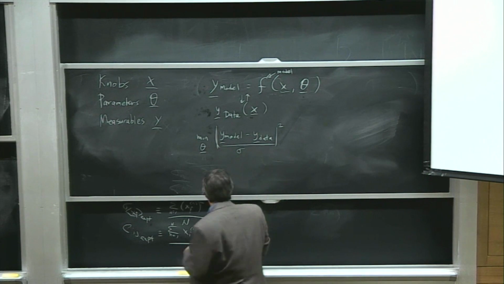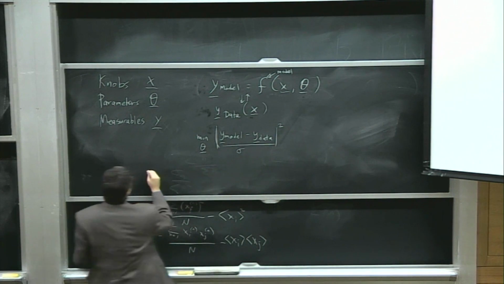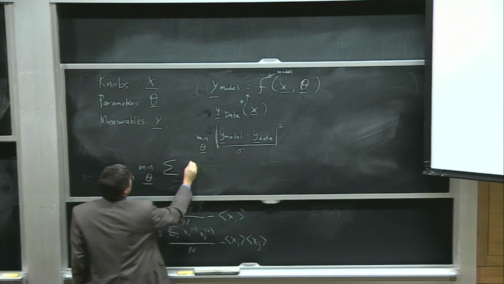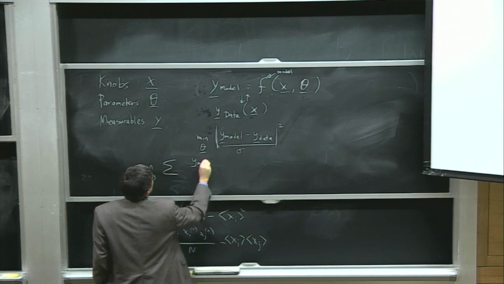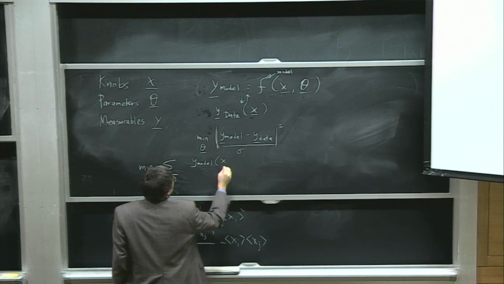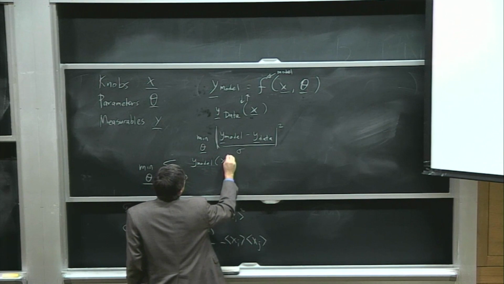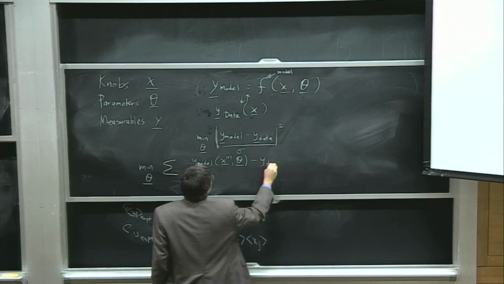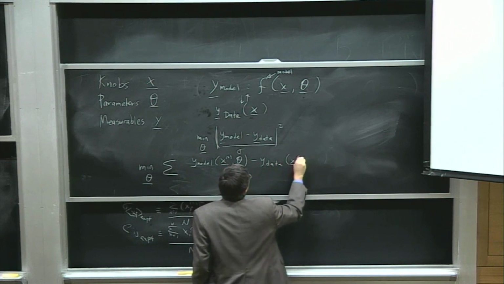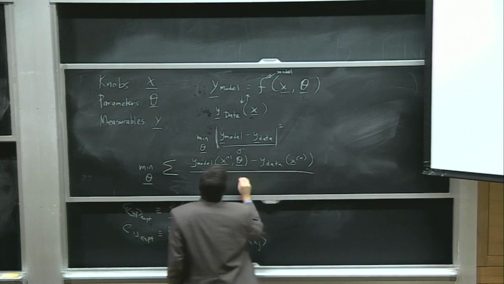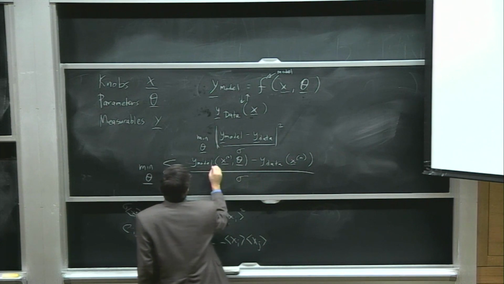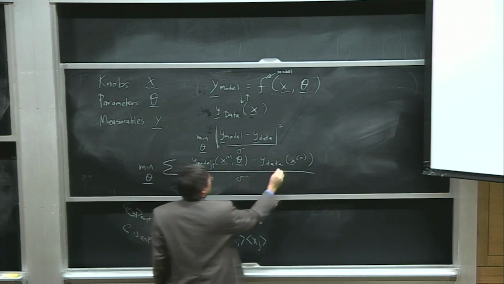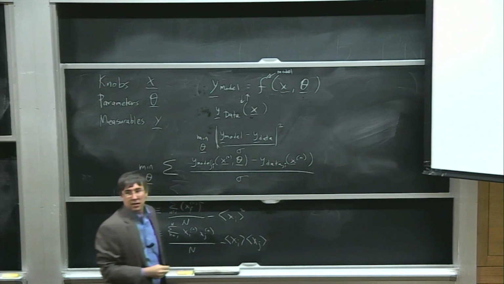So I should change the notation to make this clearer. These guys, one model, and it's the ith measurement that corresponds to that nth experiment.